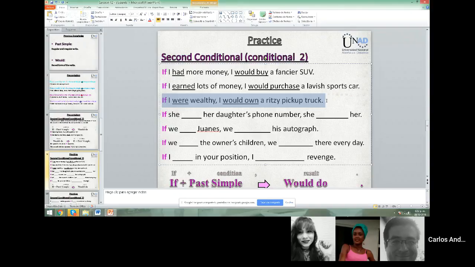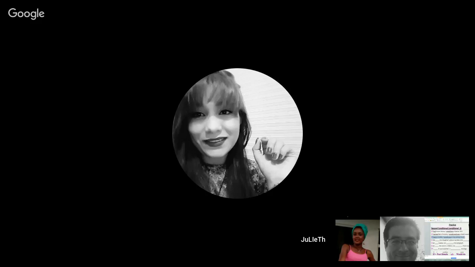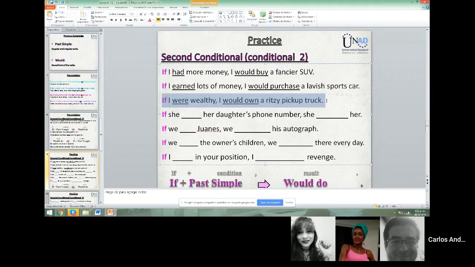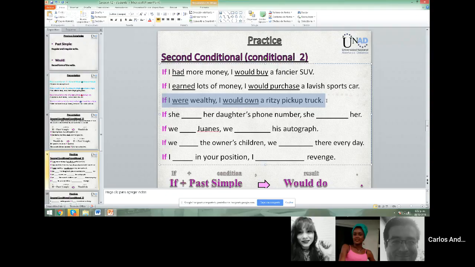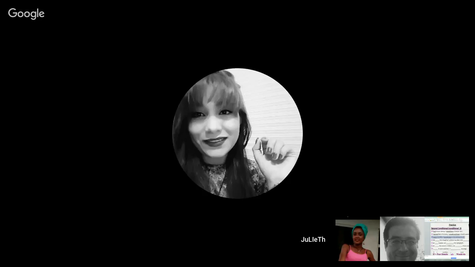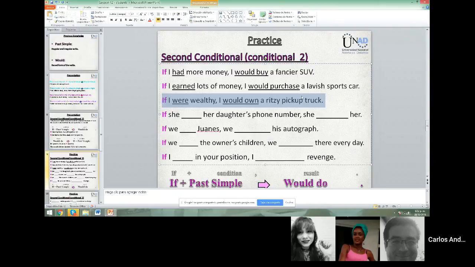Very good. Repeat after me. If I were wealthy, I would own a ritzy pickup truck. Very good. Viviana, what is the meaning of ritzy? Ritzy is similar to luxurious, or to lavish, okay?